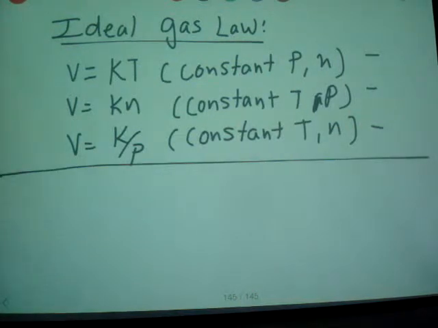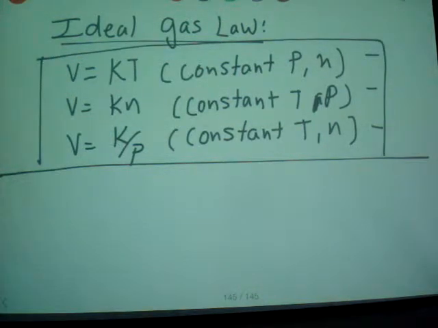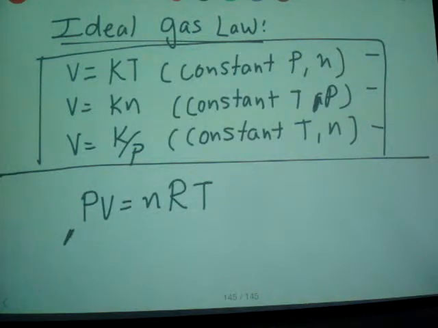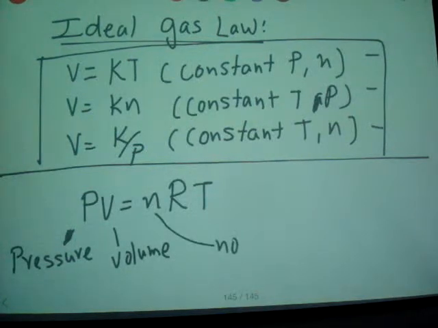When we bring all three together, you come up with one, which is PV equals nRT. That's the ideal gas law. In that, this is pressure, this is volume, this is the number of moles of gas.